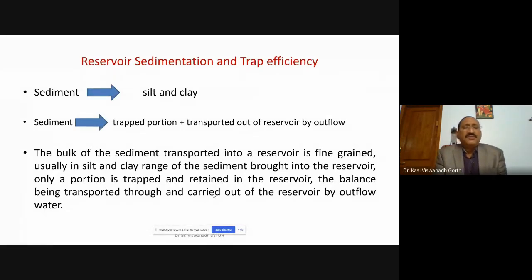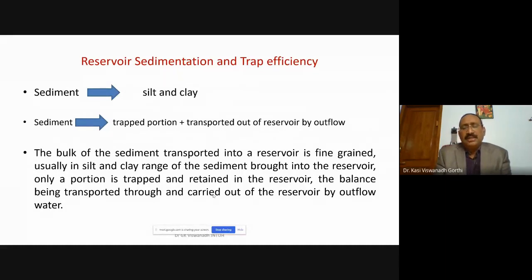The bulk of the sediment transported into a reservoir is fine grained, usually in the silt and clay range. A portion is trapped and retained in the reservoir. The balance will be transported and carried out by the outflow, or the water drawn from the reservoir.